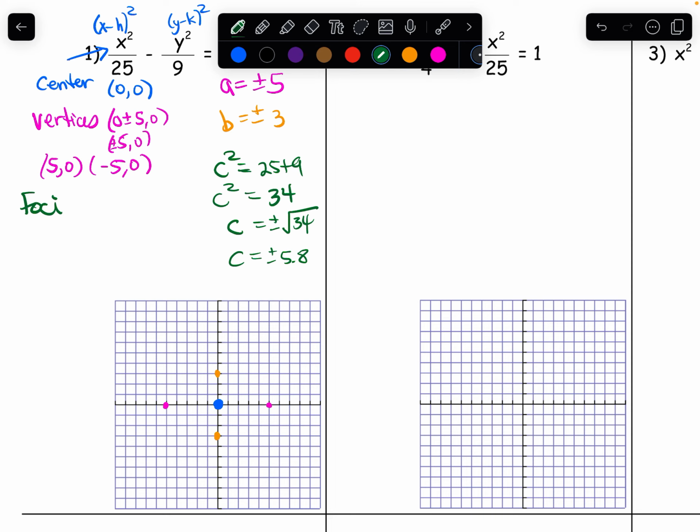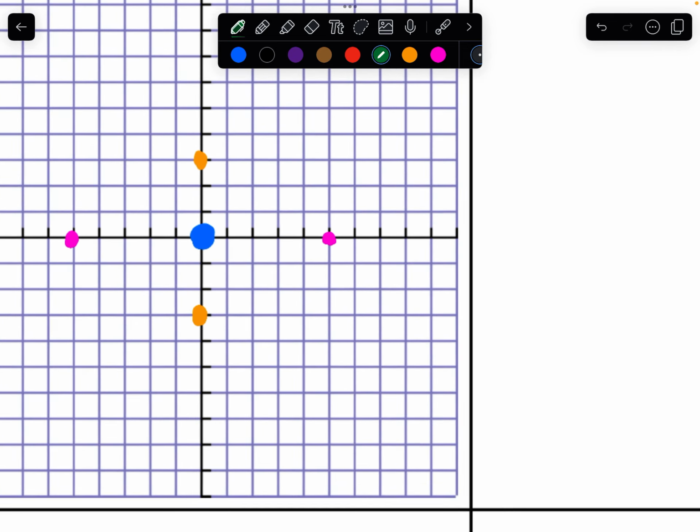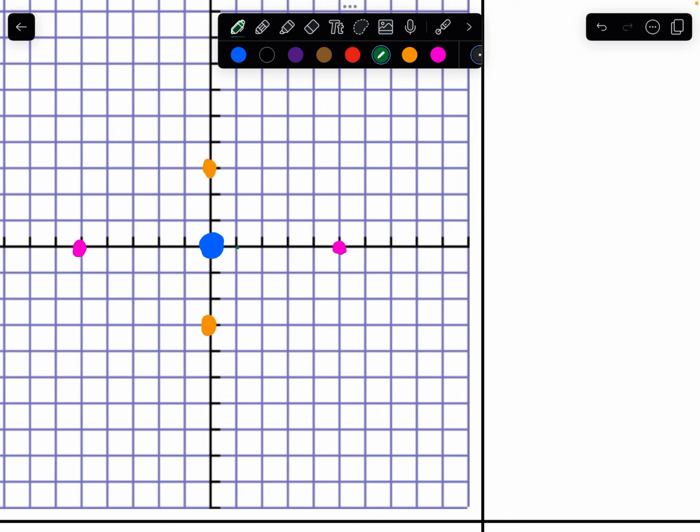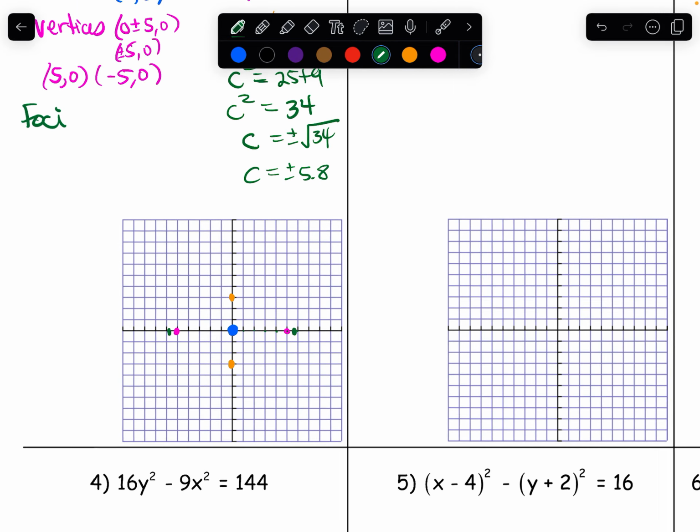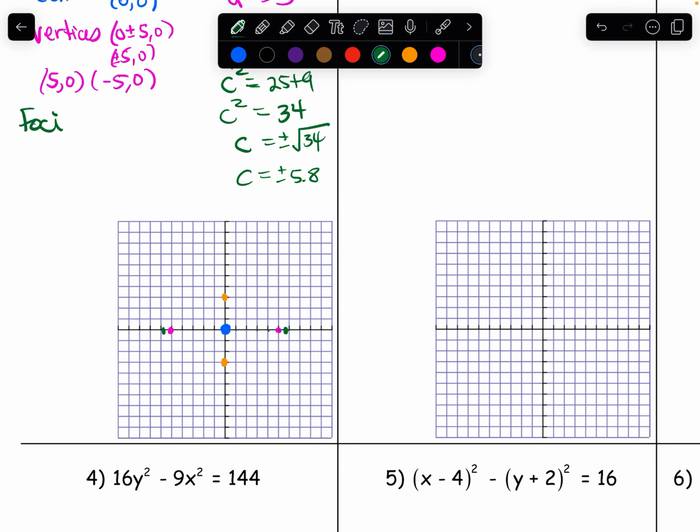So it's super close to that. So we're going left and right with this because X again came first. So I'm going to go over 5.8 from the center. So 1, 2, 3, 4, 5. This is 6. I want a little less than that. Okay, this is 5. Little less than negative 6. Okay? So now I need to know what that is.